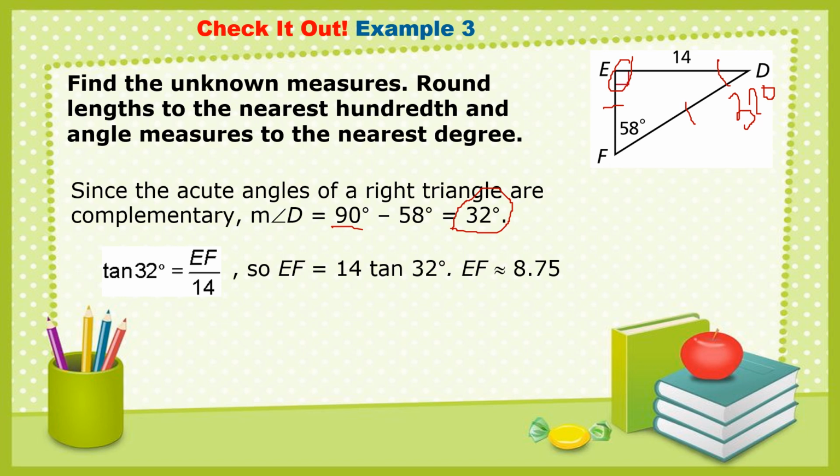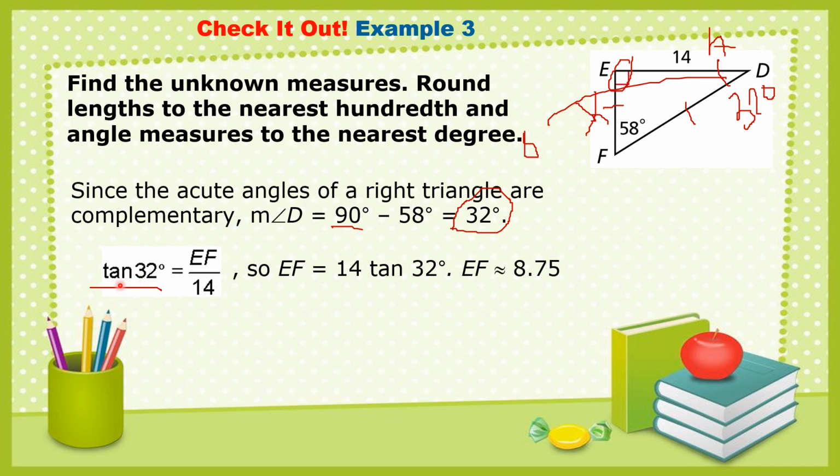Next, if that is 32 degrees, how do we find the measurement of segment EF? This one is the unknown, segment EF. For 32, this is its opposite, and this one is its adjacent. That is why it is tan 32, because the definition is opposite divided by adjacent.